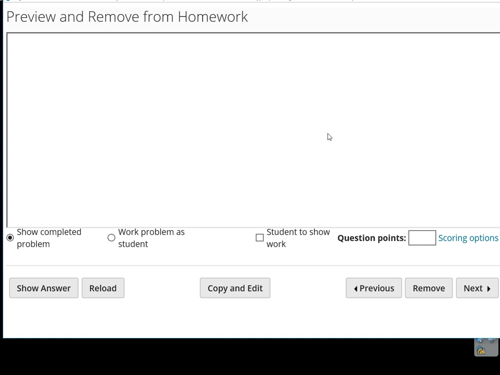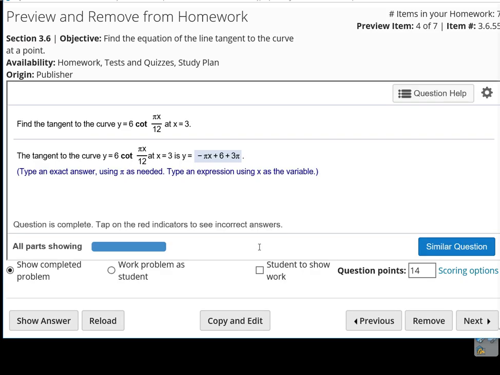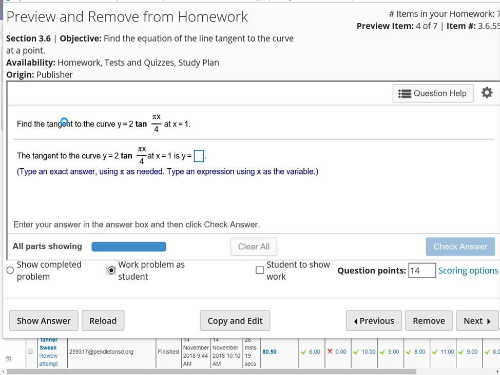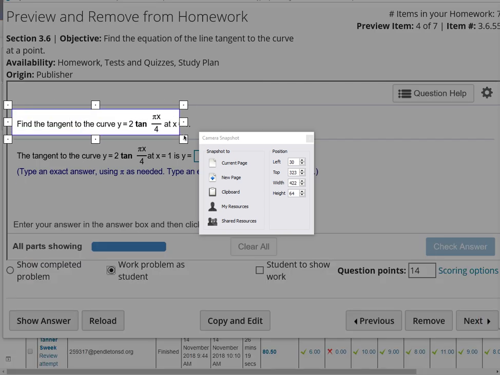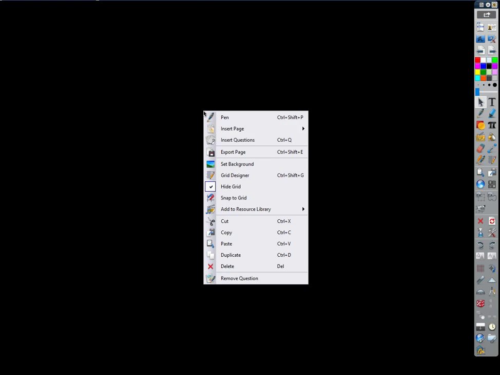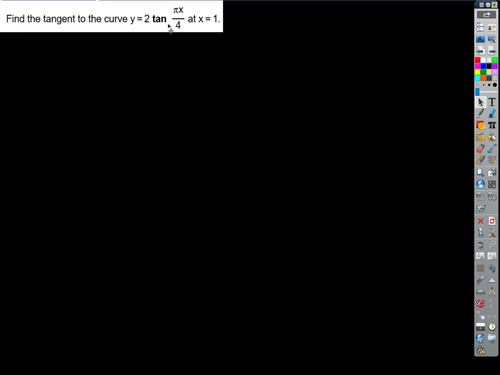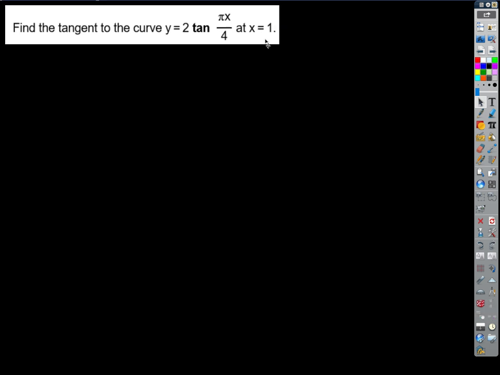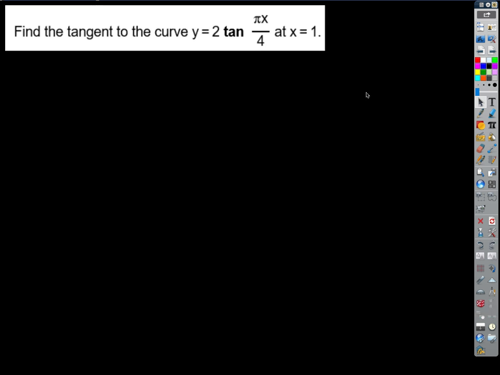Let's look at both those. This is 2.4, practice 4, number 4. Okay, so let's talk about this one now.